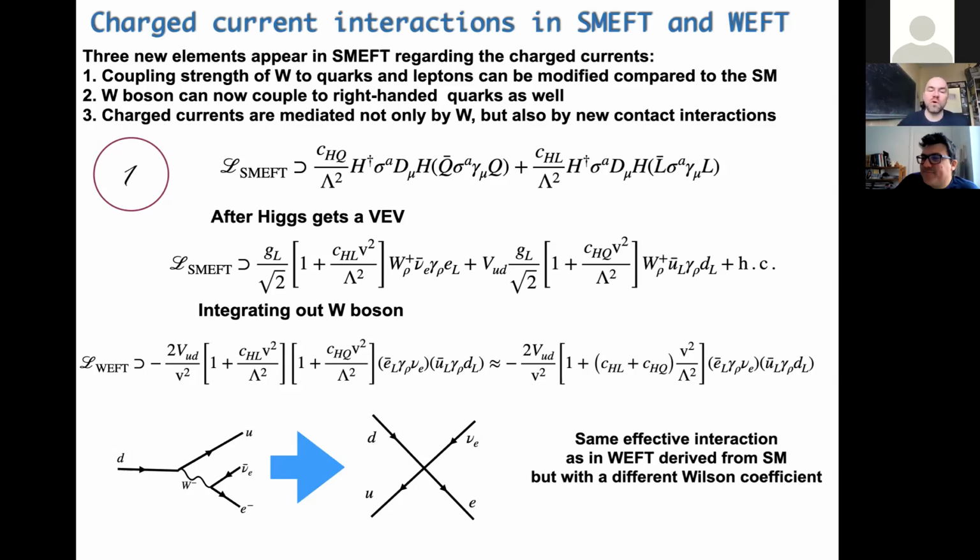So in the SMEFT you can modify the coupling strengths of a W to leptons and of a W to quarks. Now when you integrate out the W, these modified coupling strengths carry over to the effective theory, and you're still getting the contact interaction between the leptons and quarks, but the coupling strength, or the Wilson coefficient, of these interactions can be modified compared to the expectation from the standard model.